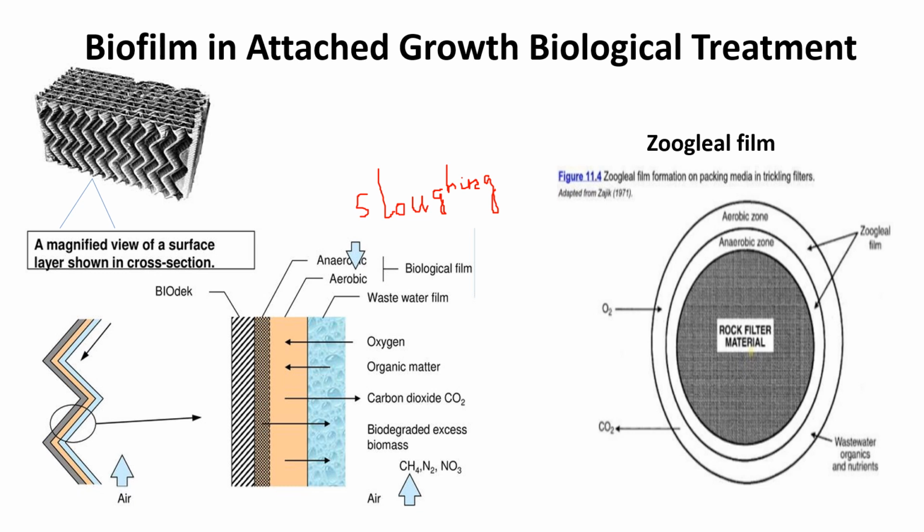The sloughed out microorganisms are picked up in the underdrain system. They are removed through a clarifier from the wastewater. This microbial layer, that is the biofilm, consisting of the anaerobic layer and the aerobic layer together, is called the zoogleal film. It is also called the zoogleal film.